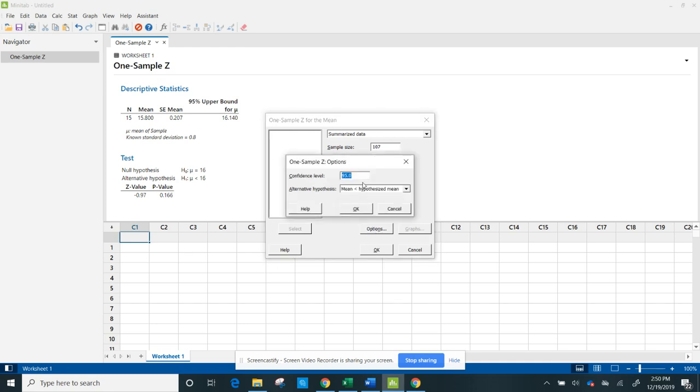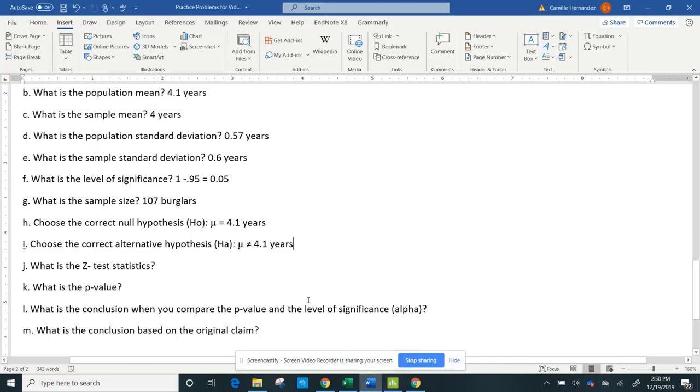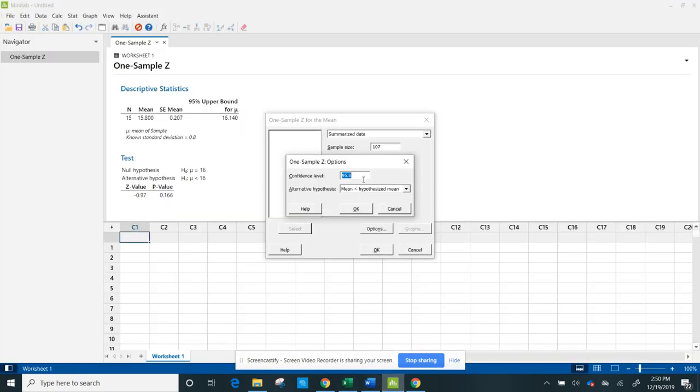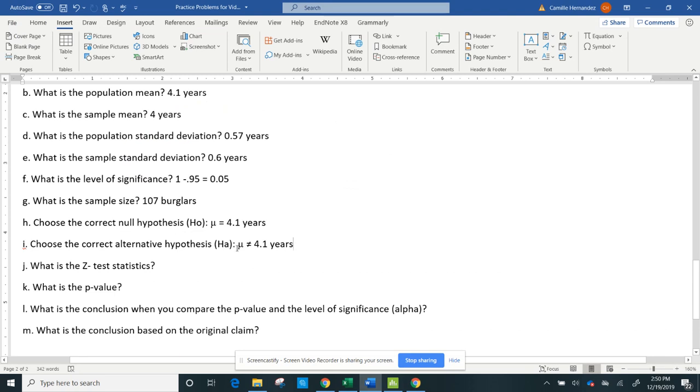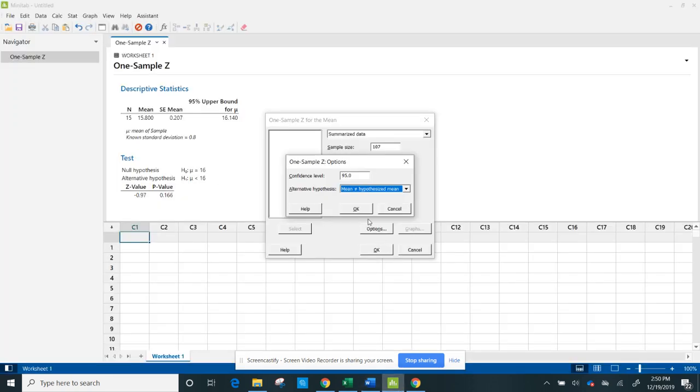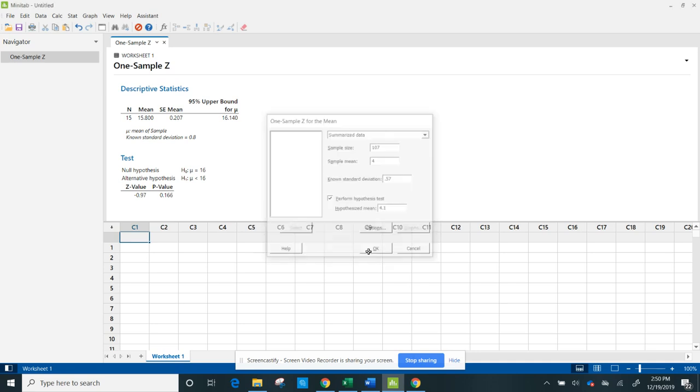All right, so remember I said what was my level of significance? It was 0.95, or level of confidence, so it's fine. I can keep it that way. The alternative is going to be the not equal. This alternative here must equal whatever your alternative sign is right there. And then I hit OK, and then I hit OK.